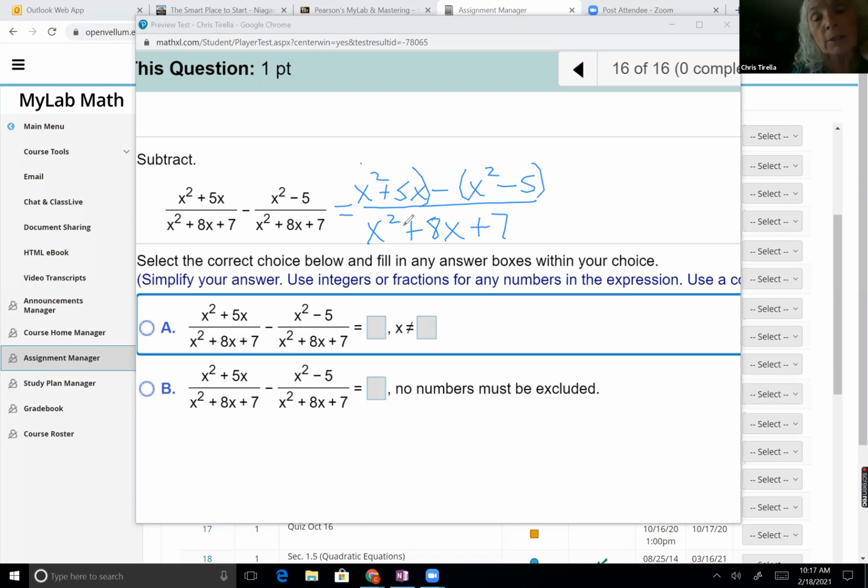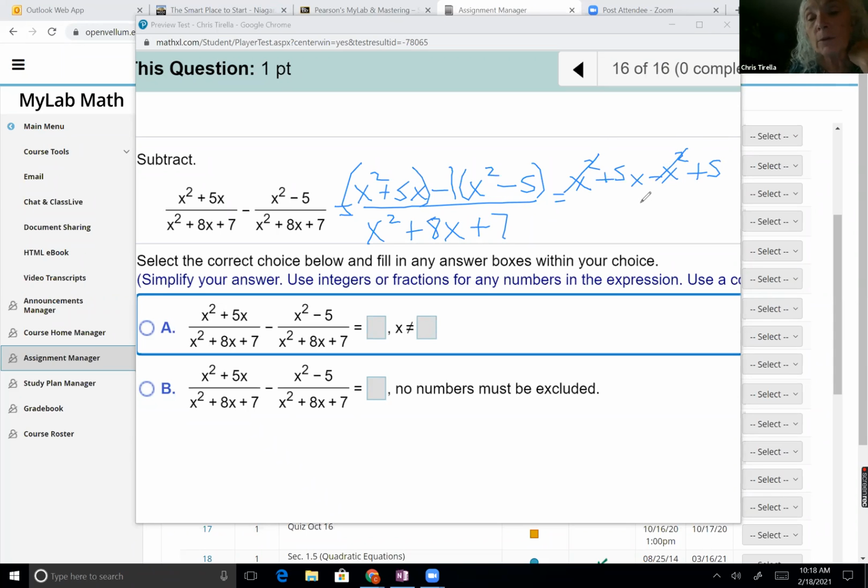And remember, I like to write it like that, so we remember to distribute that minus 1. So that numerator would become x squared plus 5x minus x squared plus 5.